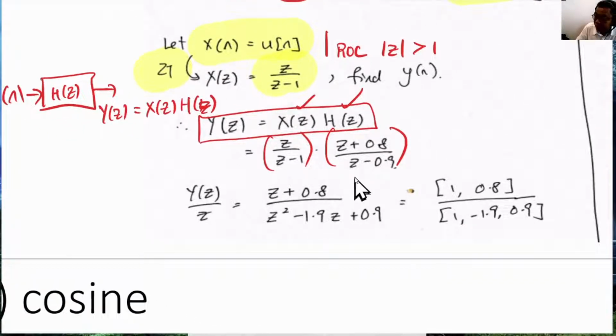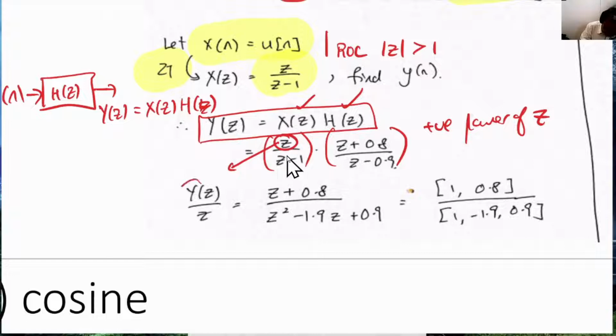Again, we have a trick. If this is in positive powers of z and we want to do factorization, we have to bring one of the z here to the other side. Later on, you realize that this Y(z) over z, this z will be moved to the right hand side after the partial fraction expansion.